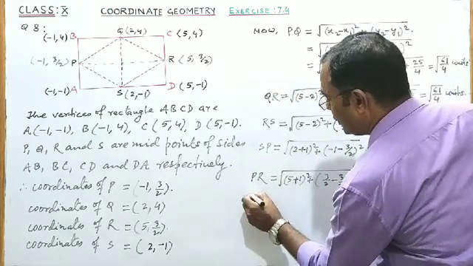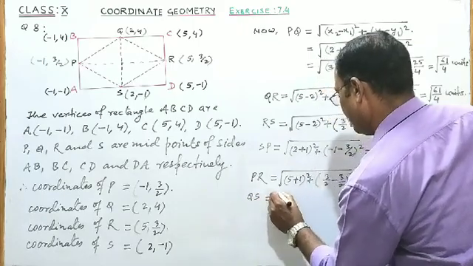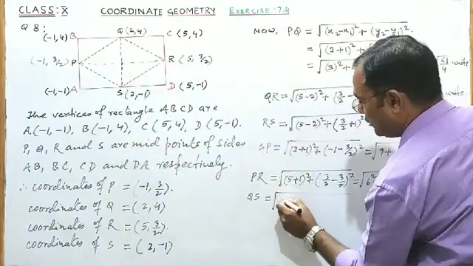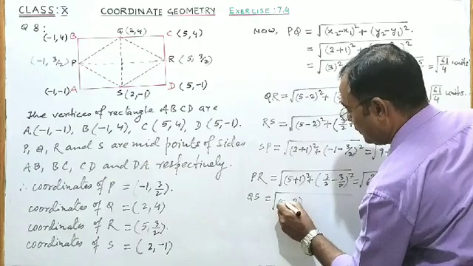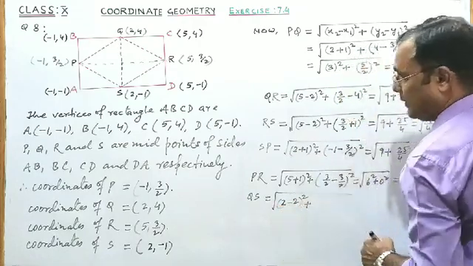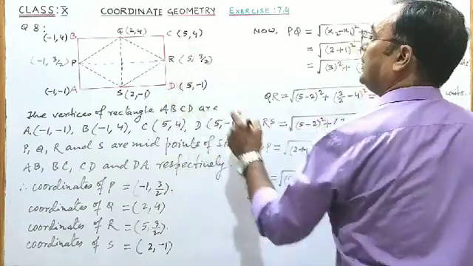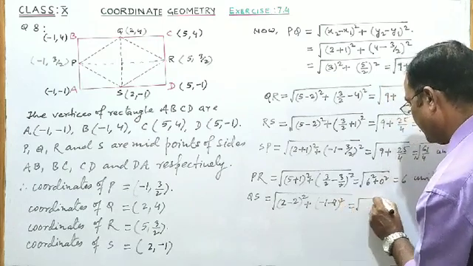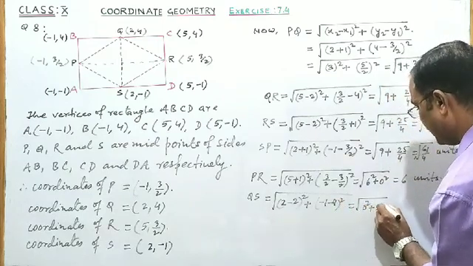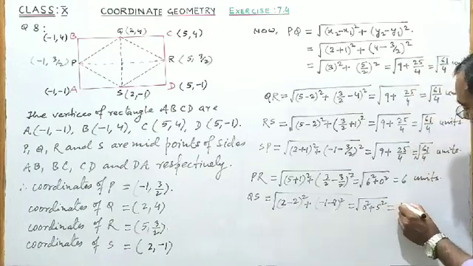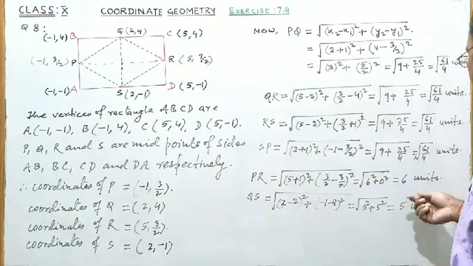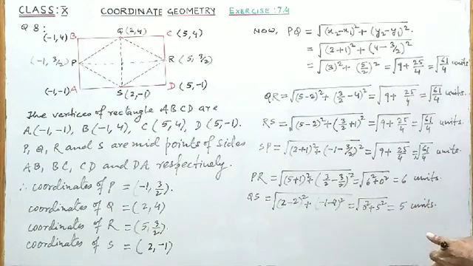Now the diagonal QS is equal to the square root of (2 minus 2) whole square plus (minus 1 minus 4) whole square, which is equal to 0 square plus 5 square, equal to 5 units. So diagonal PR is equal to 6 units and diagonal QS is equal to 5 units.